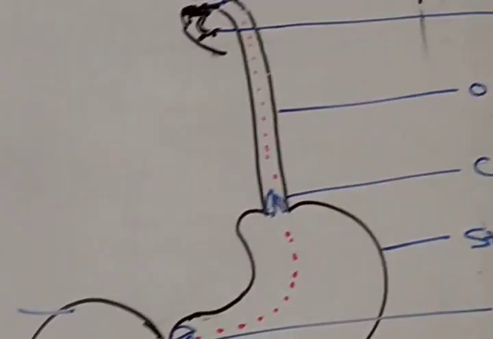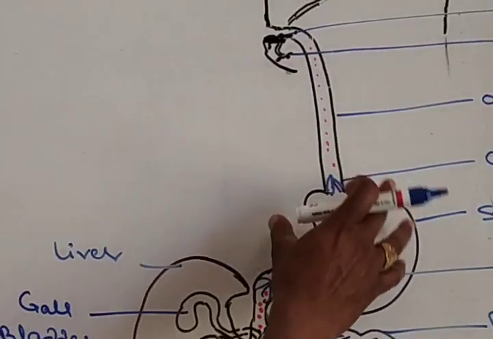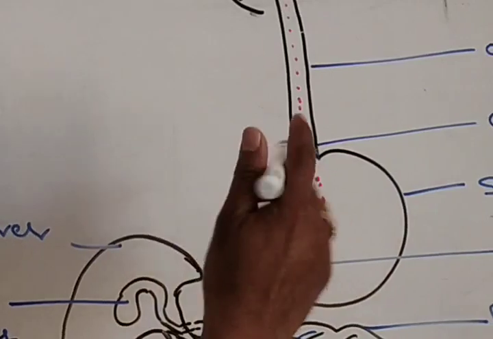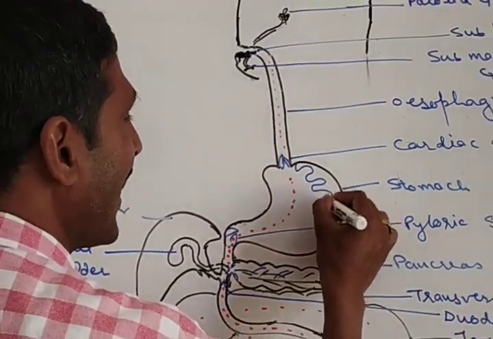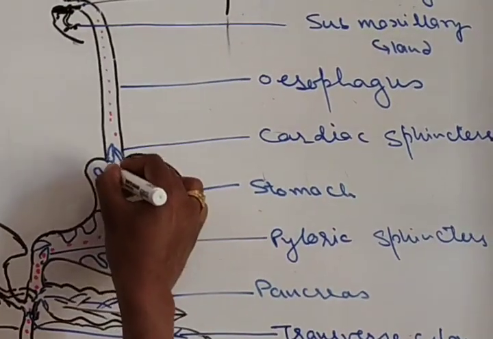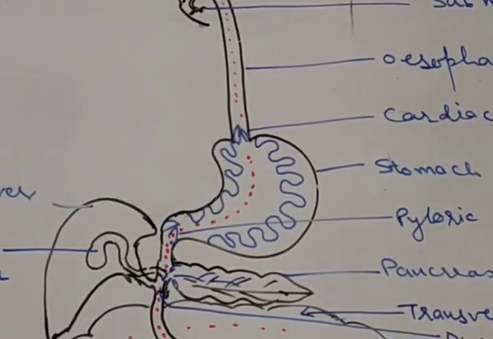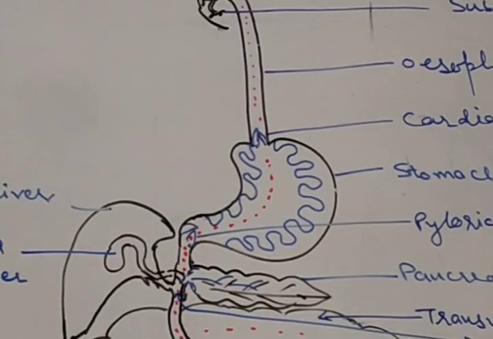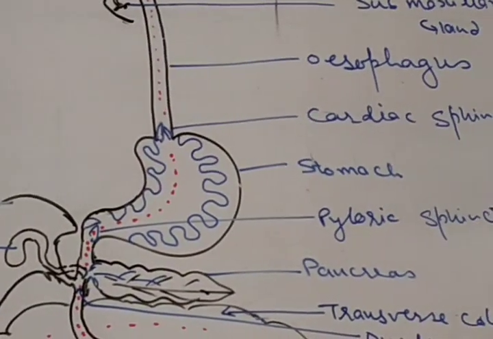The stomach is a muscular bag-like organ whose inner lining is made up of epithelial tissue.